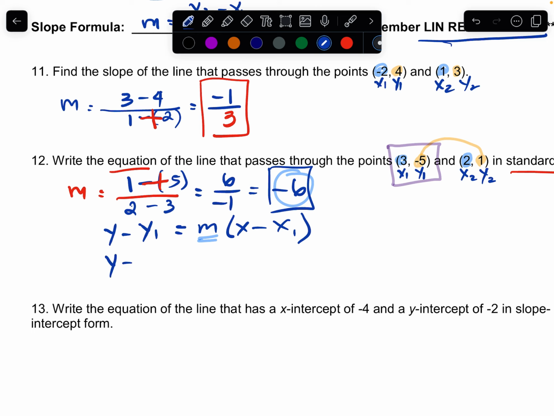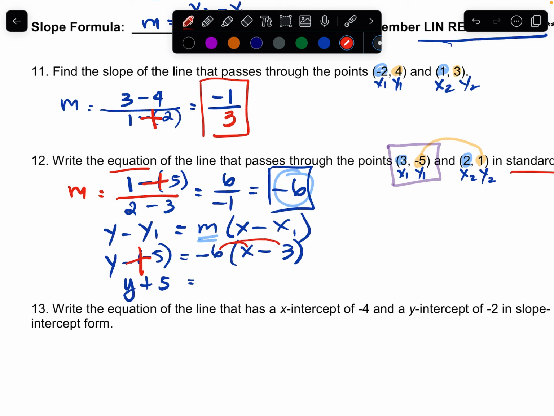We're going to say y minus y1, which is negative 5. m is negative 6. x minus, and what's our x1? x1 is 3. Okay. So again, let's clean it up a little bit. Minus and a negative becomes a big plus. So it becomes y plus 5 is equal to, I should distribute.